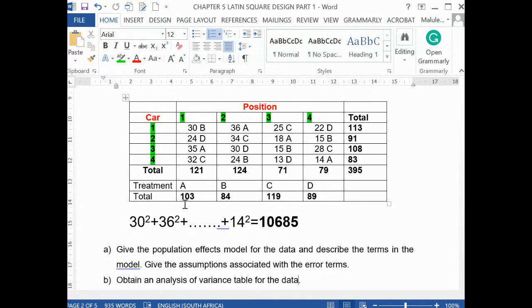The first thing you have to do is identify the type of the design. The design is a Latin square design. Now you must write the model down and define each and every parameter, including the error.